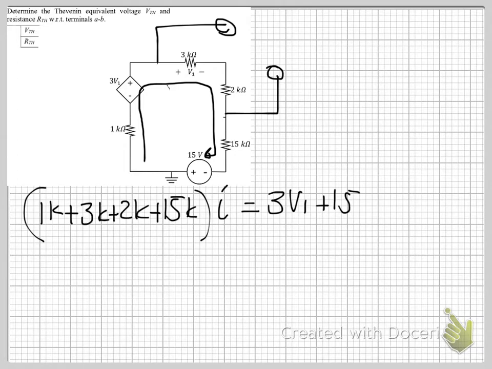Now we have two variables: current I and voltage V1.